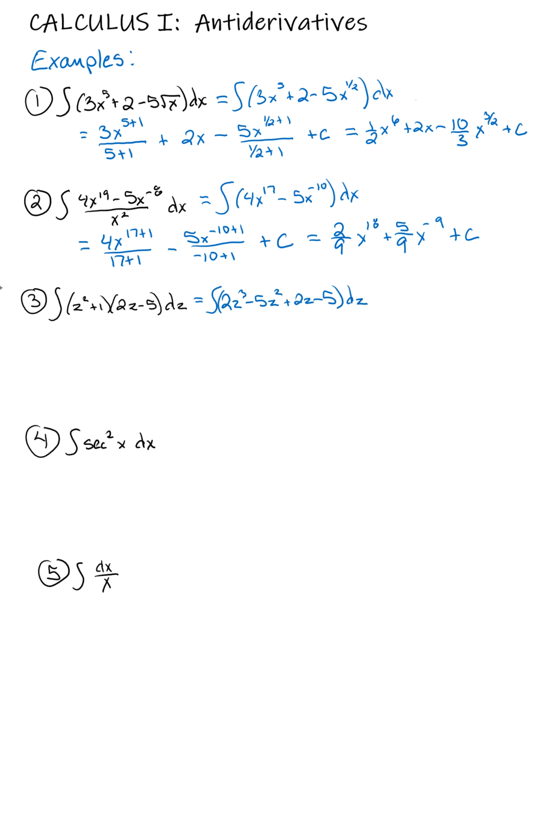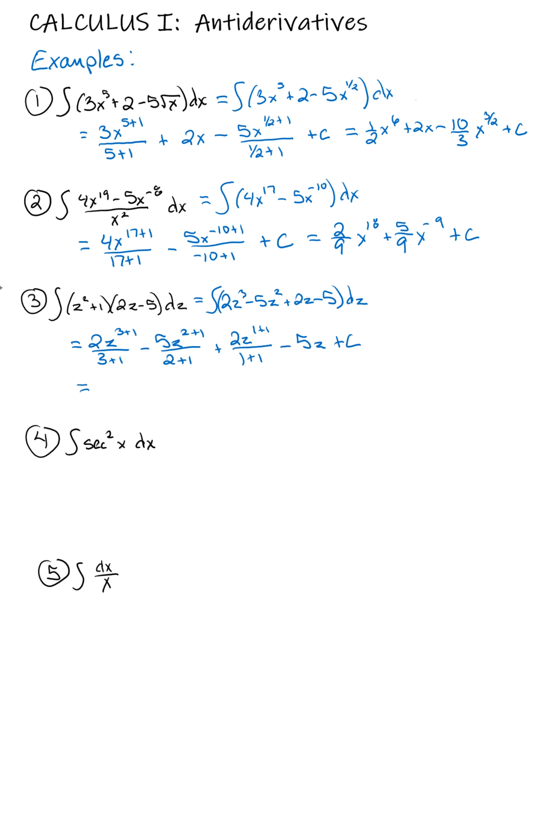Taking the antiderivative of that, we get 2z to the 3 plus 1 over 3 plus 1 minus 5z to the 2 plus 1 over 2 plus 1 plus 2z to the 1 plus 1 divided by 1 plus 1 minus 5z plus our arbitrary constant.